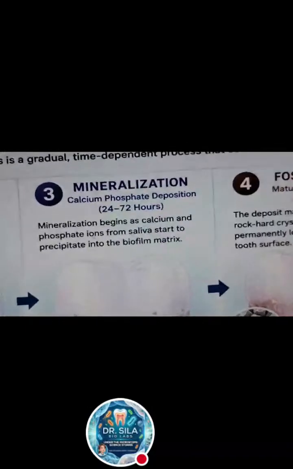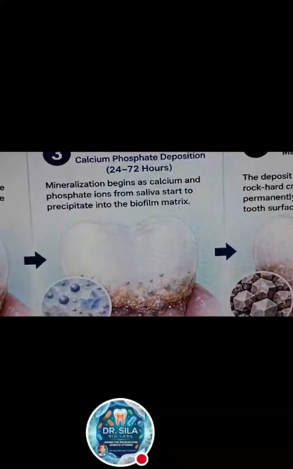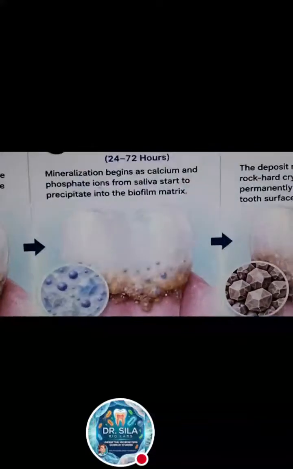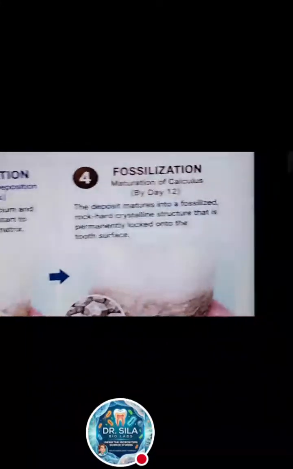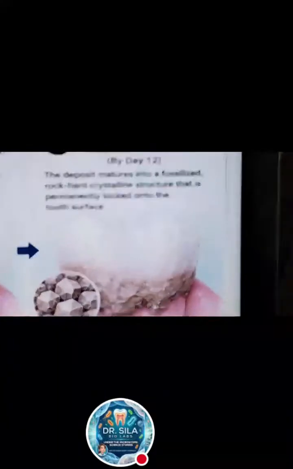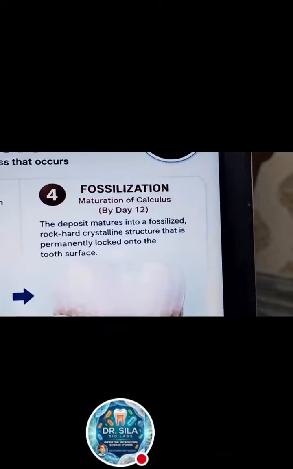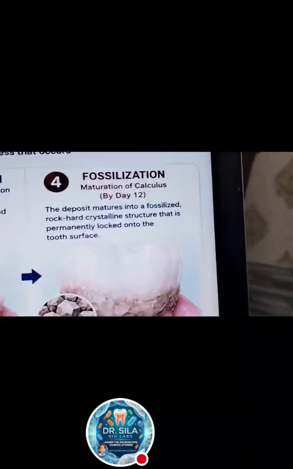Then mineralization of calcium phosphate begins. Calcium and phosphate ions from the saliva start to precipitate into the matrix. Then fossilization of the plaque, maturation of the calculus by day 12.